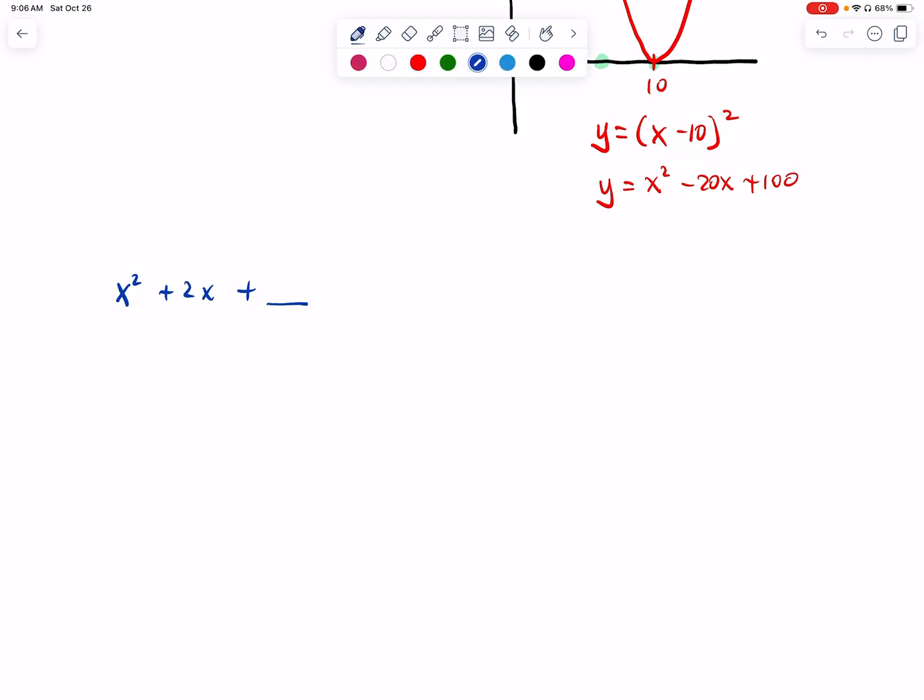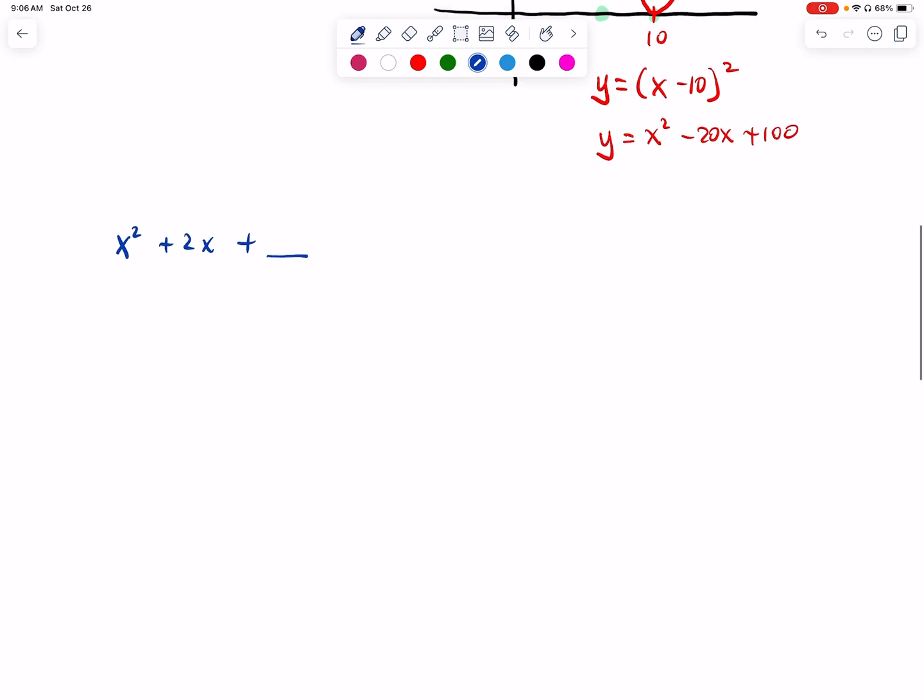I represent each one of these quantities with geometry, essentially. So I'm going to represent the x squared with a square. The reason is that this is an x by x in terms of size, which means its area is x squared. All right, so that's this first term here.